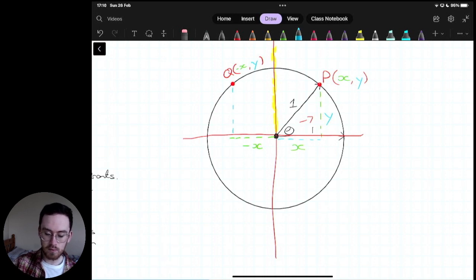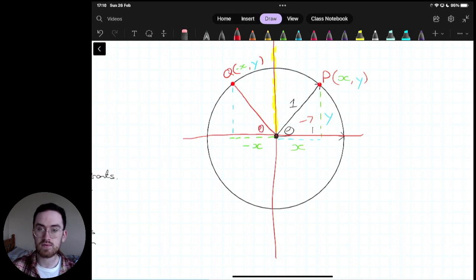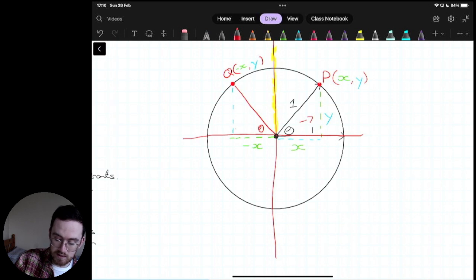Now thinking about what we did already when we looked at the different sectors before, when we looked at renaming our coordinates, we can do something similar here. So I've drawn in the same angle in the same way we did with P, putting it again to the horizontal so that I can make a nice kind of clear triangle. I already have the 2 sides, so I'm just marking in the last side.